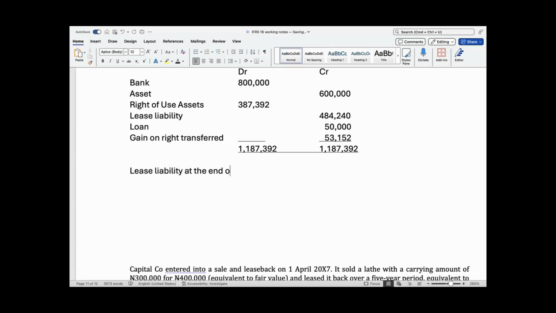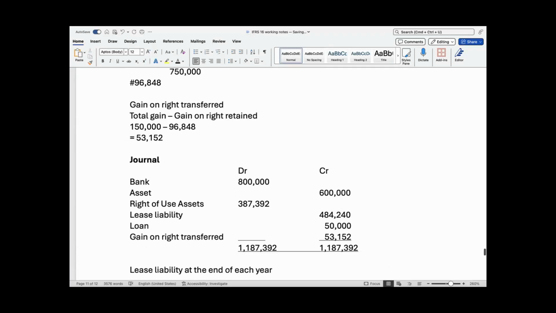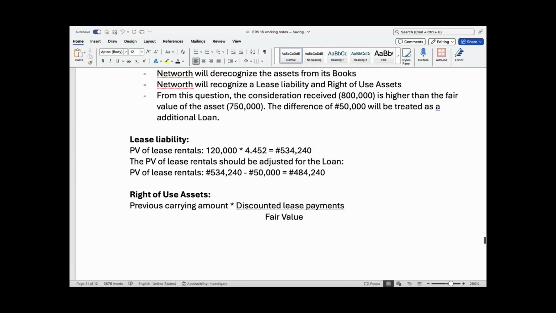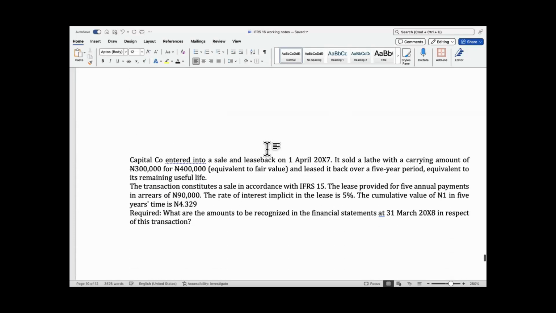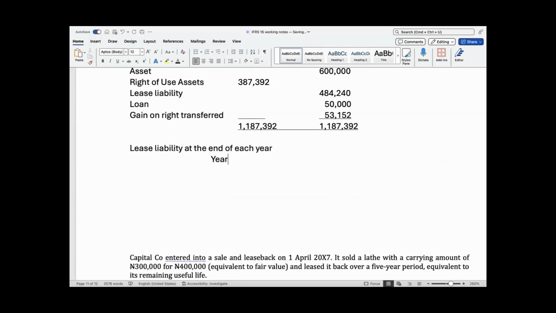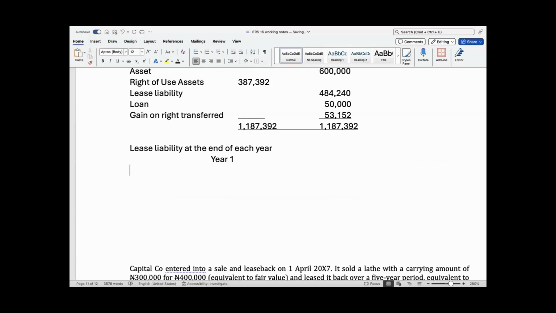At the end of each year. So which year is this now? This is 2000 and, oh, they didn't even put period. No problem. So at the end of the year, let's say year one.